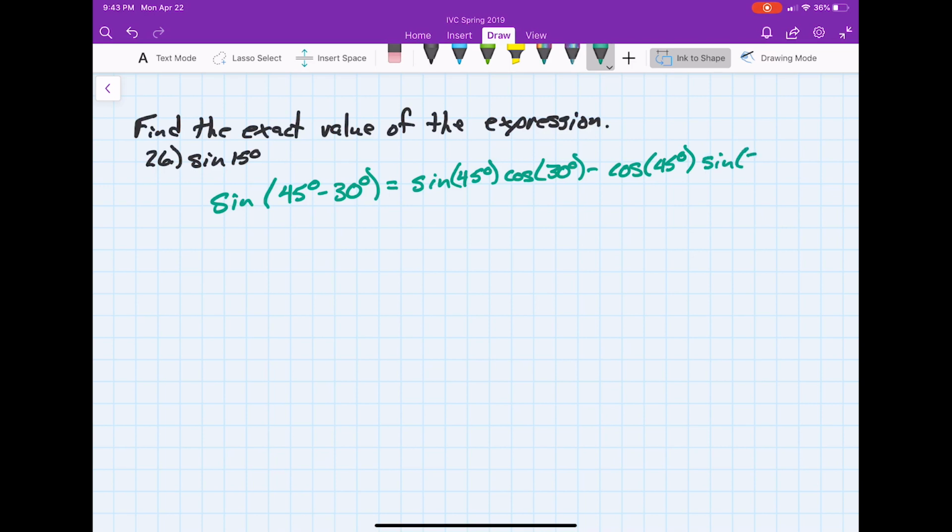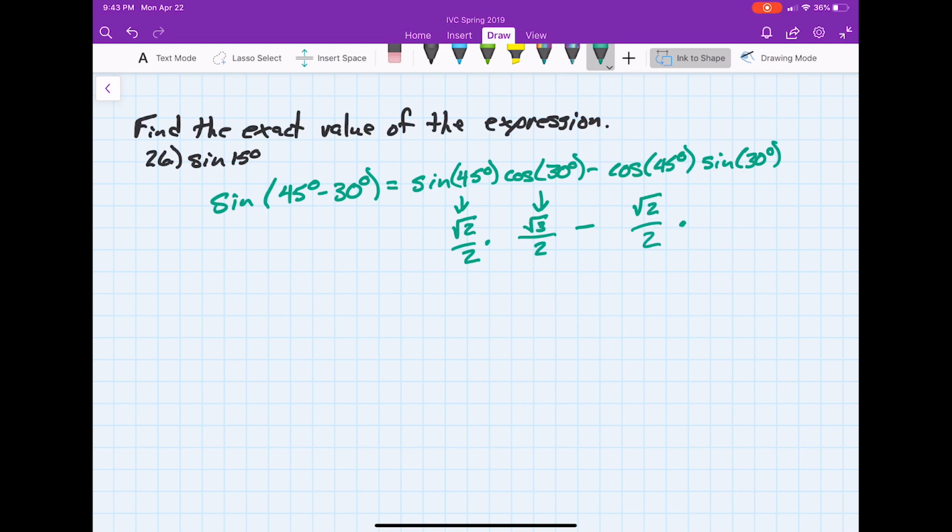All right, so sine of 45 degrees, well, that would be square root of 2 over 2. And cosine of 30 degrees is square root of 3 over 2. And then we bring the rest of these down, so the minus comes down. And cosine of 45 is square root of 2 over 2.